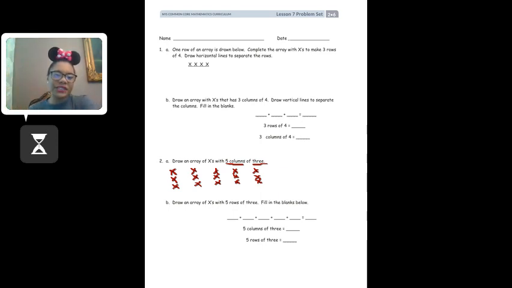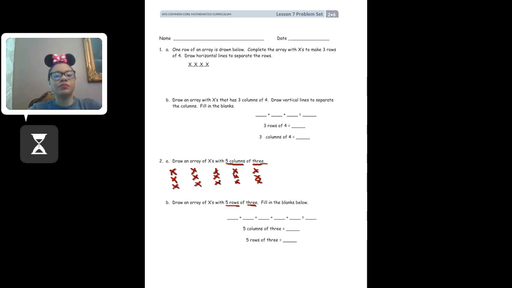Okay, so letter B says draw an array of X's with 5 rows of 3. Fill in the blanks below. So now instead of doing 5 columns like we did in letter A, where we had 1, 2, 3, 4, 5 columns that went up and down, now we're going to make 5 rows. That means we're going to go from side to side, left to right. 5 rows with 3 X's in each one.